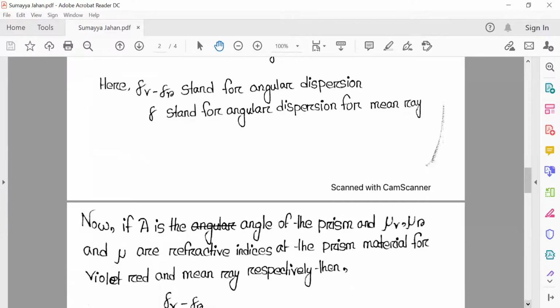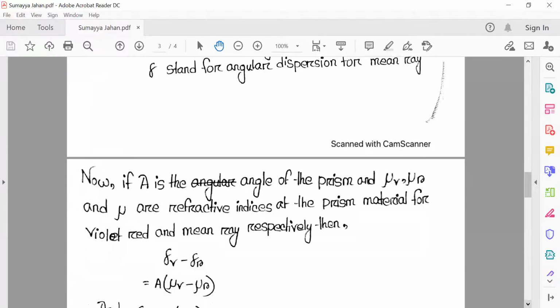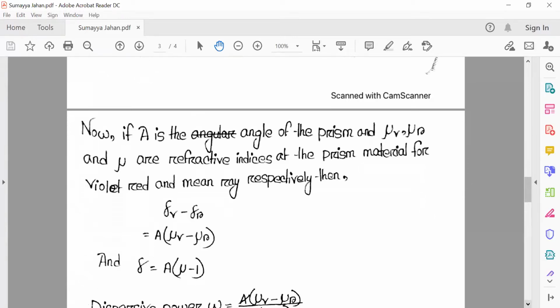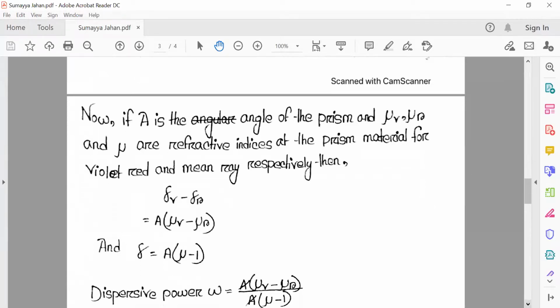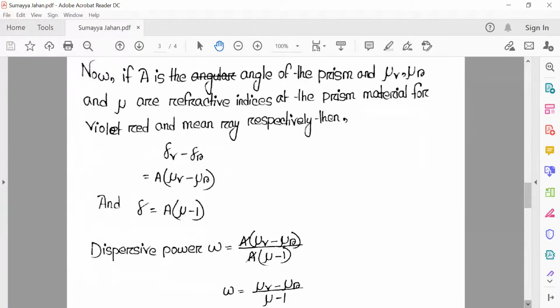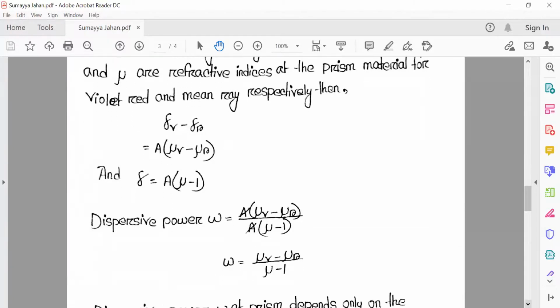Now, if A is the angle of the prism and mu V, mu R and mu are respectively the indices of the prism material for violet, red and mean ray, then delta V minus delta R equals A into mu V minus mu R and delta equals A into mu minus 1.